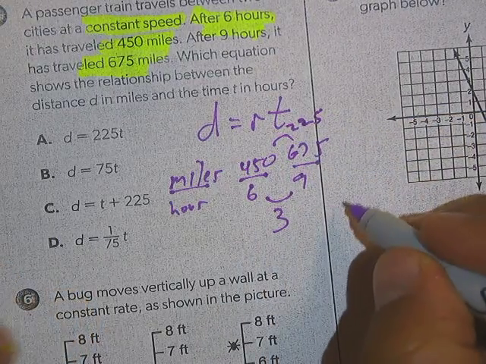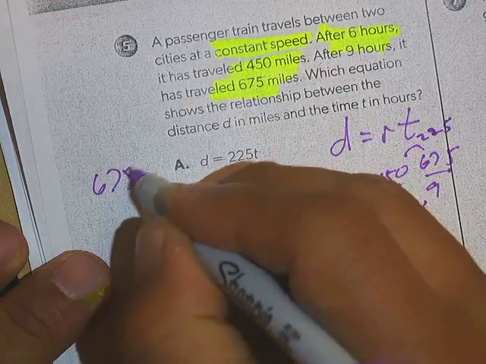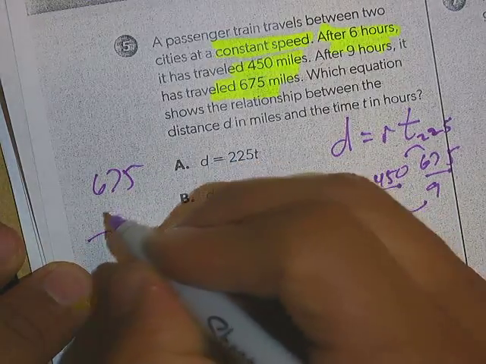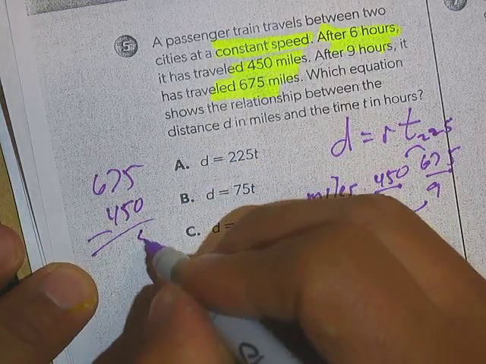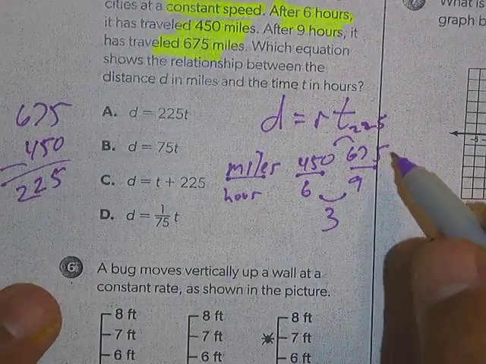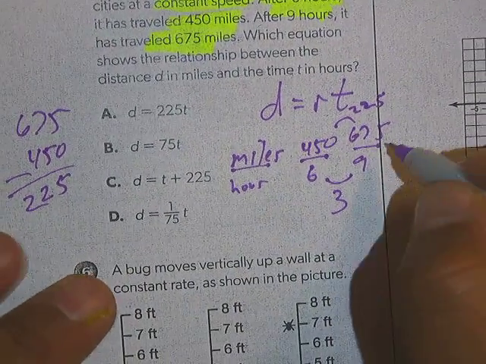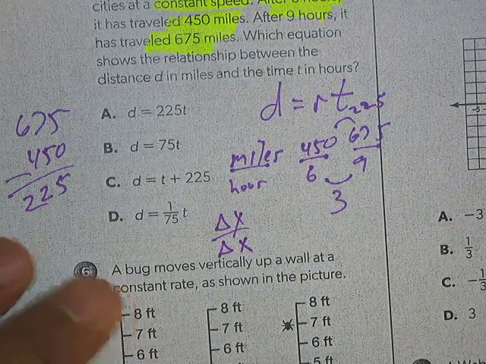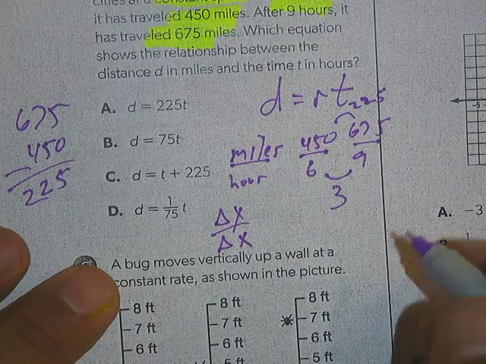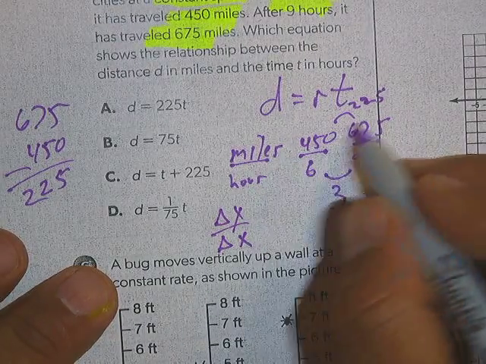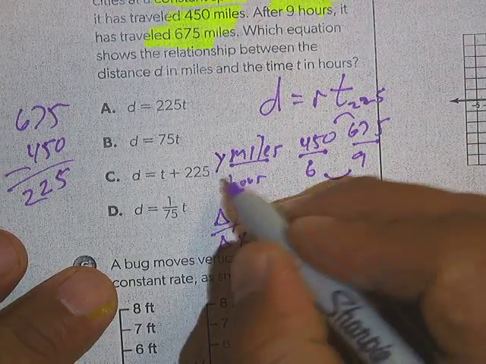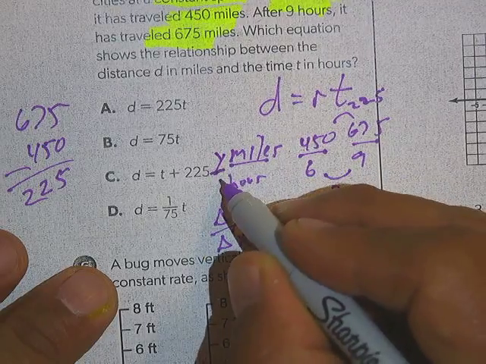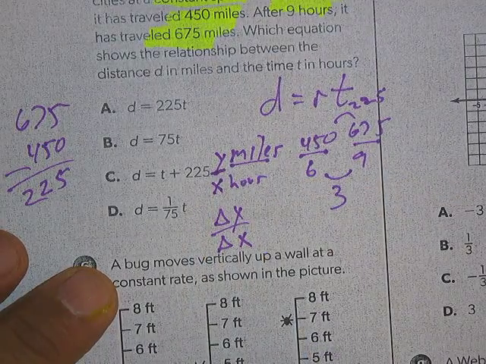In 9 hours, I'm at 675 miles. Well, how much time has gone by? 3 hours. And if you don't know the difference, all you gotta do is subtract 675 minus 450, and you'll see that it is 225.